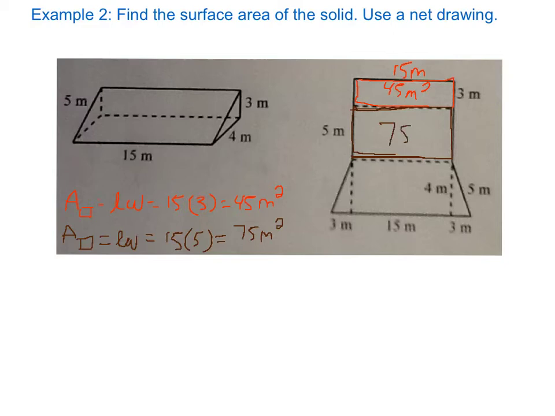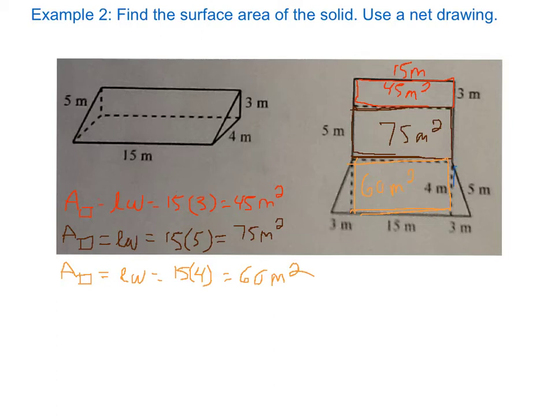So in here we've got 75 meters squared. Looking at this rectangle in orange, if we were to find the area of that one, length times width again, and now we've got 15 times 4, which is 60 meters squared. So this is 60 meters squared in there.